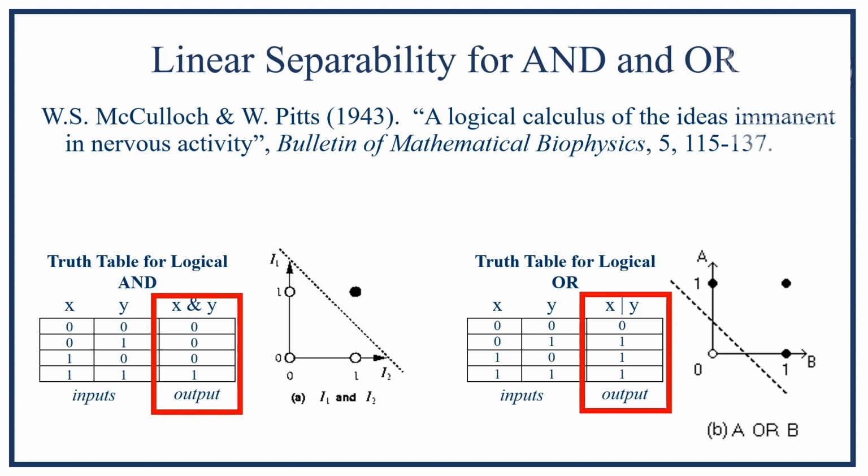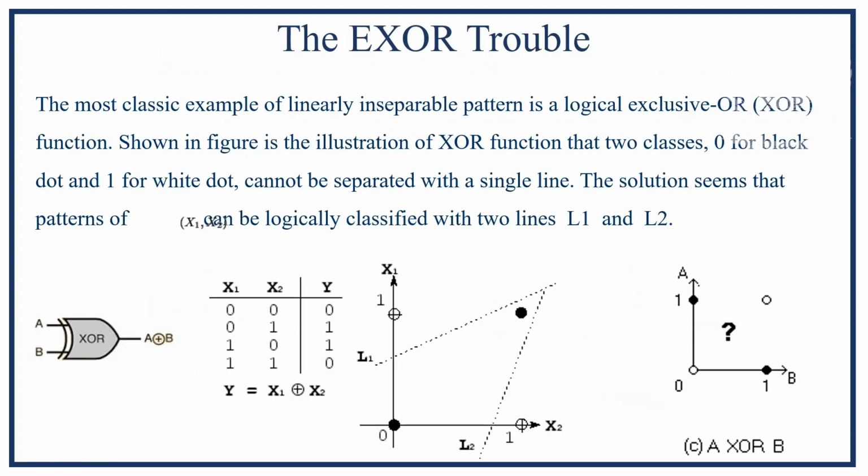Both AND and OR gates are linearly separable as shown in the graph. Let us discuss the XOR gate now. The XOR gate, also called the exclusive OR gate, has two inputs and one output. The gate returns true as the output if and only if one of the input states is true. This is the truth table for an XOR gate.